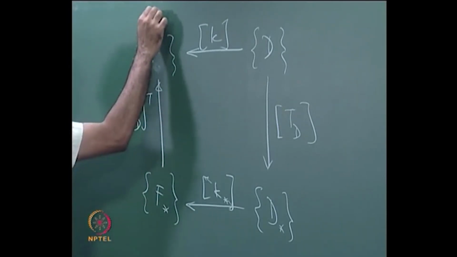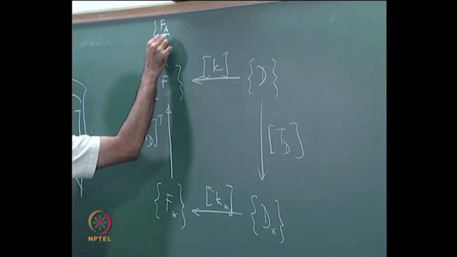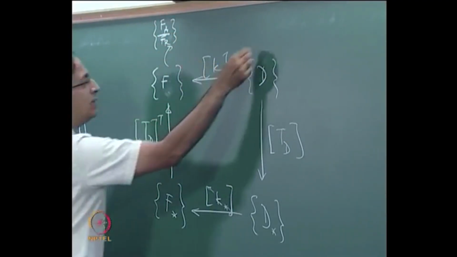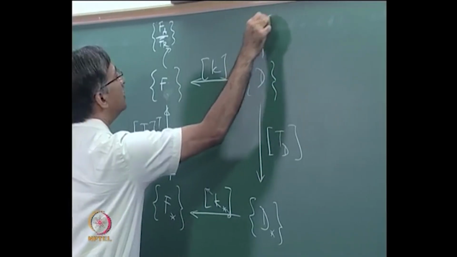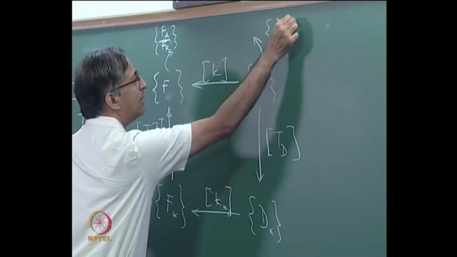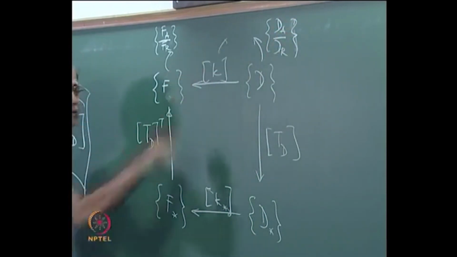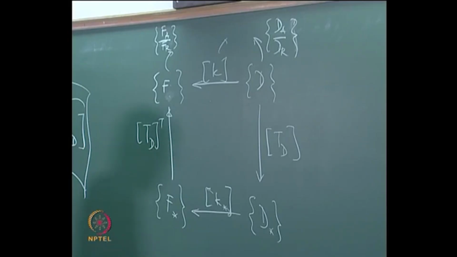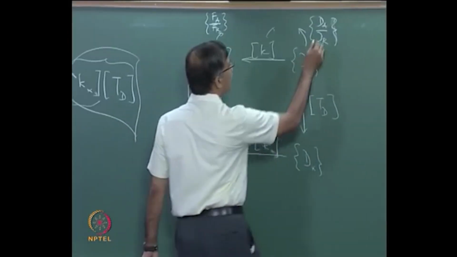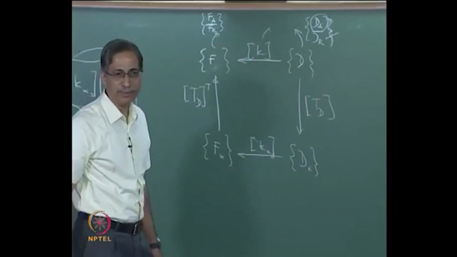So remember this, and this basically is a mixture of FA, FR, and this is DA and DR, and similarly you can partition this K matrix. We will see that shortly. But at the end of the day you are going to find out this, and this is known to be 0.